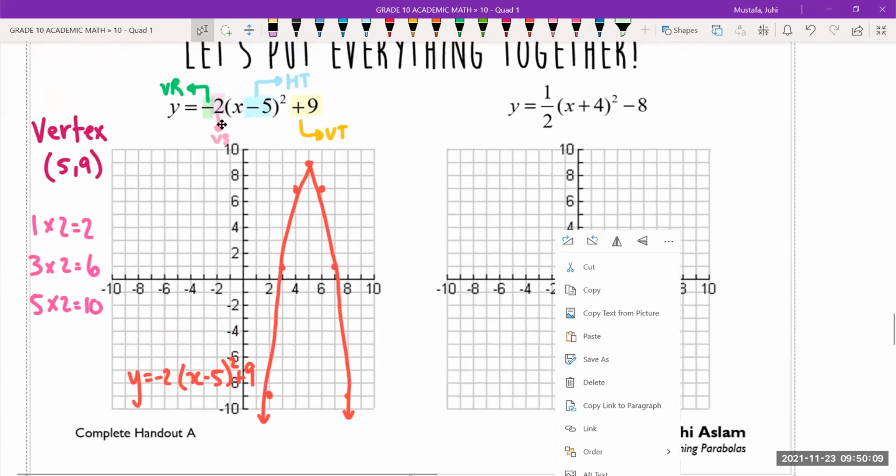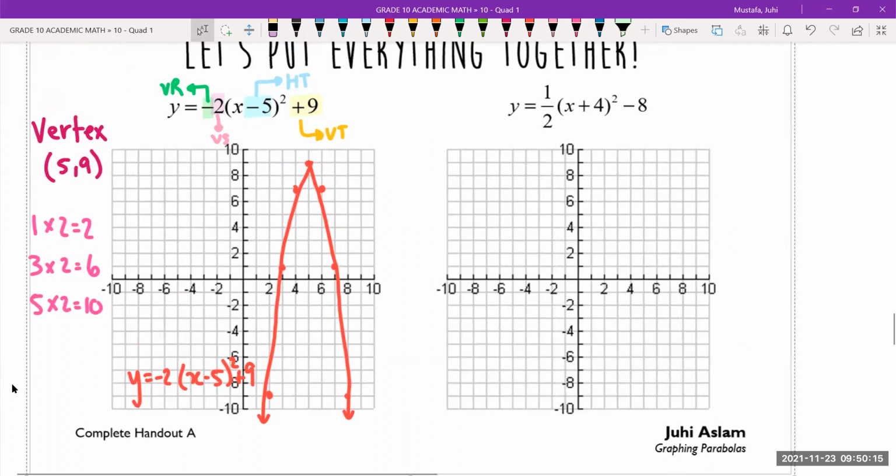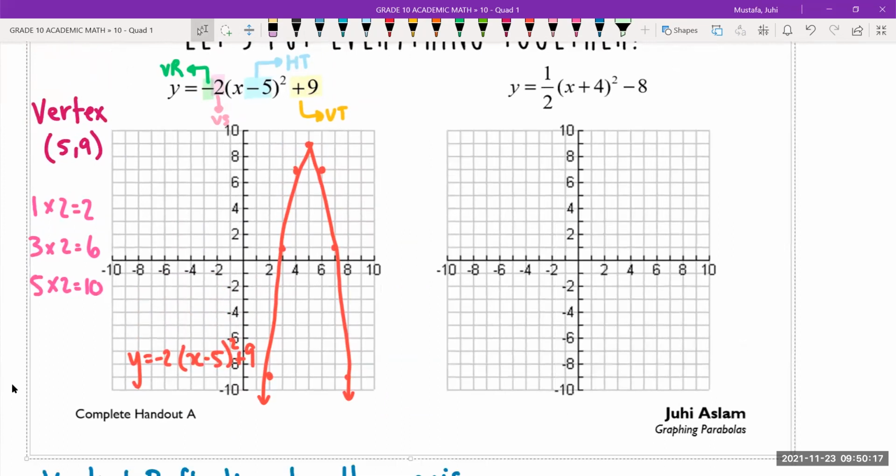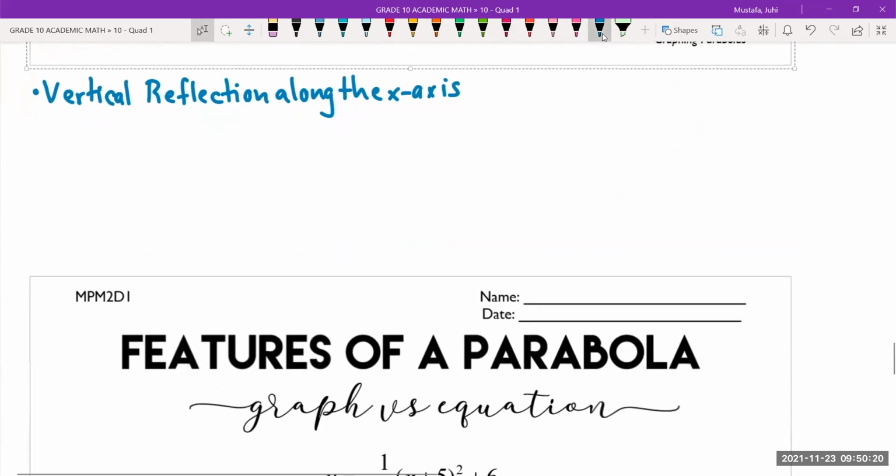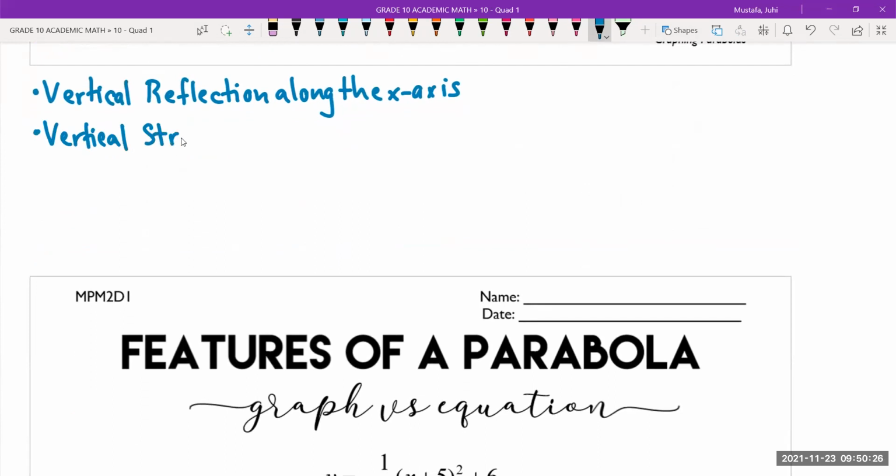How about that 2? How would I describe the 2? Yeah, Krishna? Good try. Vertical stretch. You got that right. And then remember, I want to say by a factor of 2.